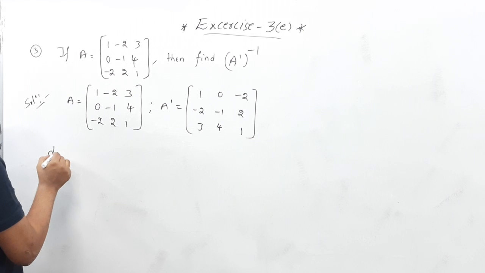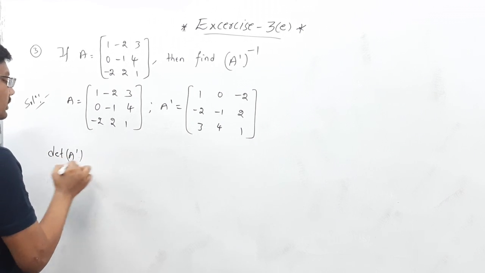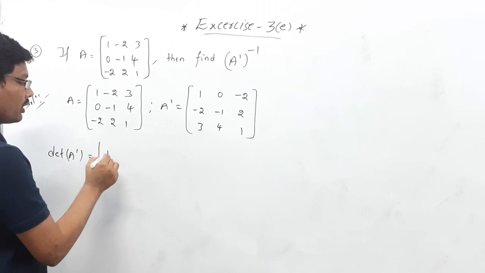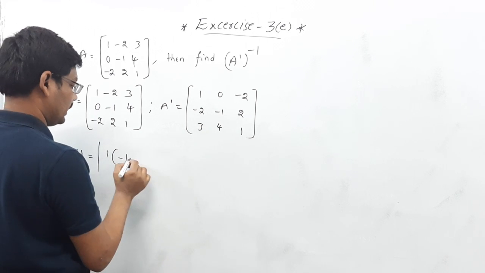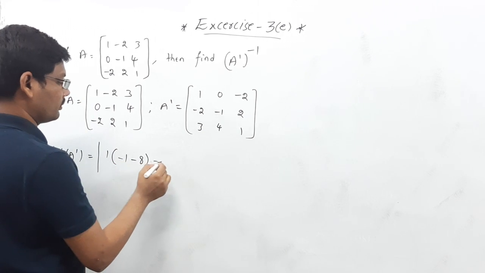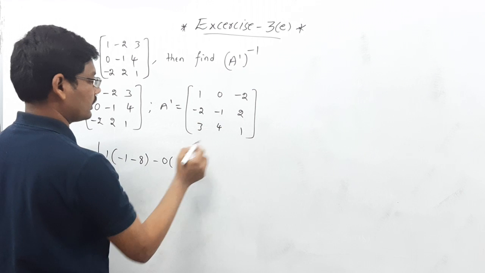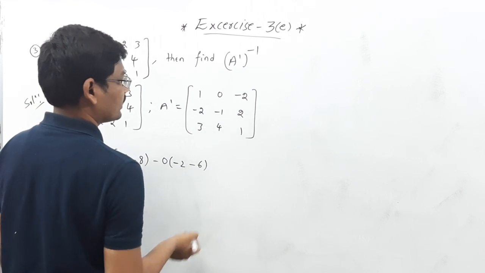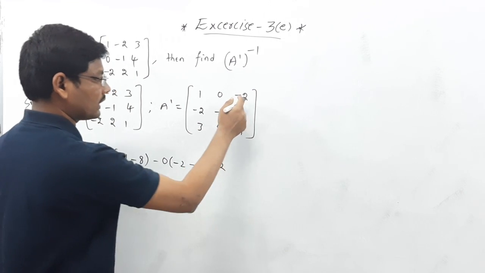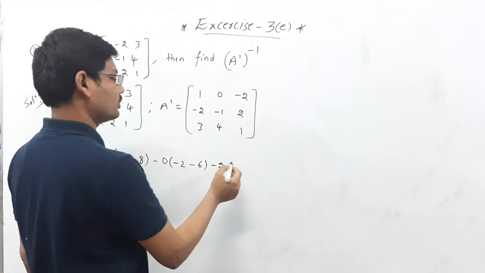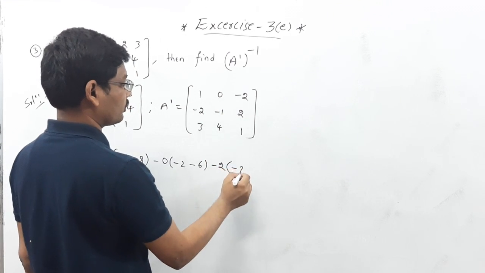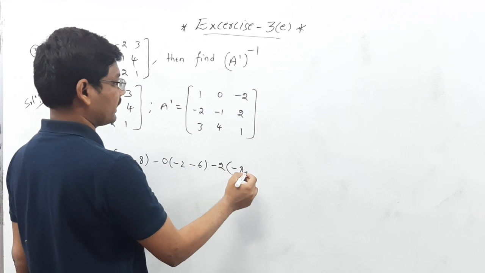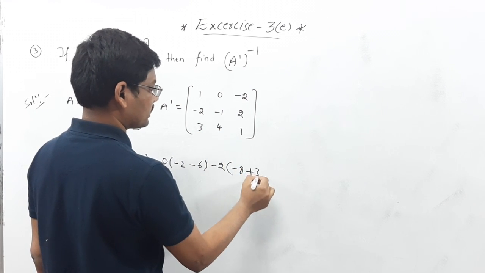Now for this one we need to find the inverse. So I am finding det of A dash. Mod of 1 into minus 1 into 1 minus 1, 4 into 8, and minus 0 into minus 2 minus 6, minus 2 plus 2 is nothing but minus 2 is the value. Eliminate the row and column here, minus 2 into minus 4, minus 2 into 4 minus 8, minus 2 minus become plus 3.